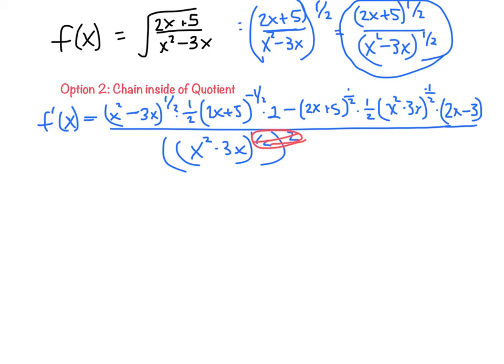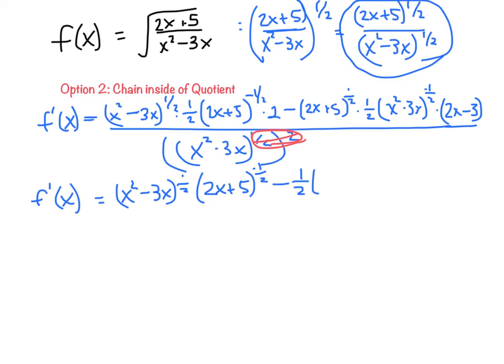All right, so f prime of x is equal to, let's clean this up. If I look at my coefficients, I have 2 over here and 1/2 here. So half times 2, they go away as well. All that's left on the left-hand side of the minus sign on the top is x squared minus 3x to the 1/2 and 2x plus 5 to the negative 1/2. Minus, on the right-hand side, I do have the half, and then I have 2x minus 3.